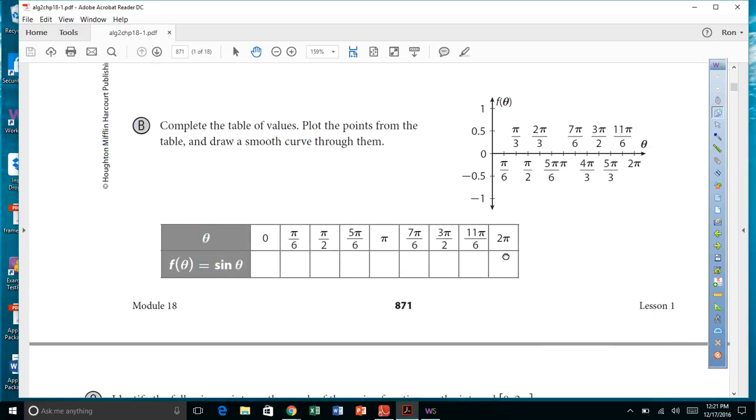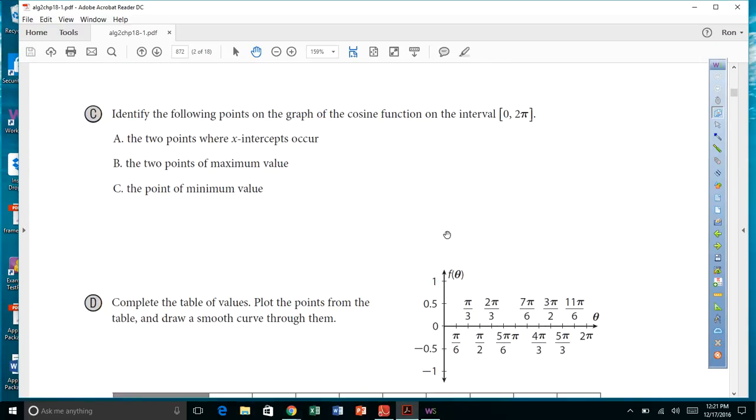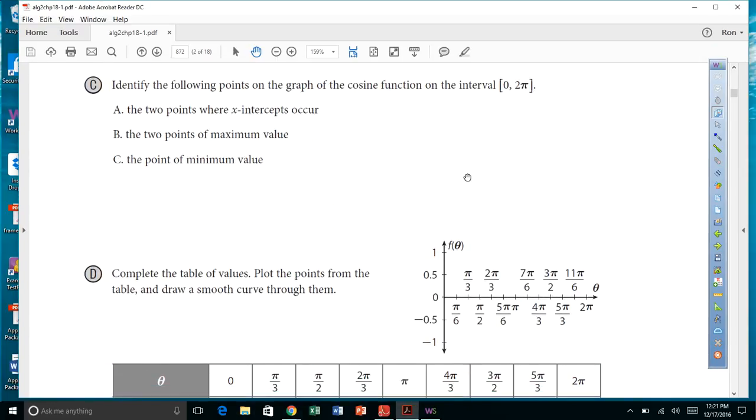All right. So let's do cosine this time. Identify the following points on the graph of the cosine function on the interval 0 to 2 pi. Okay.